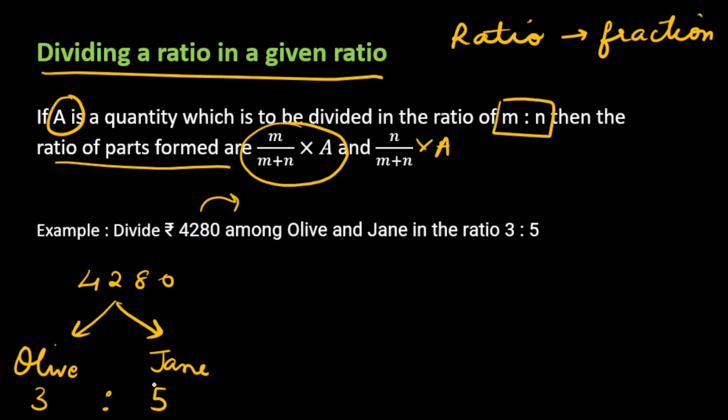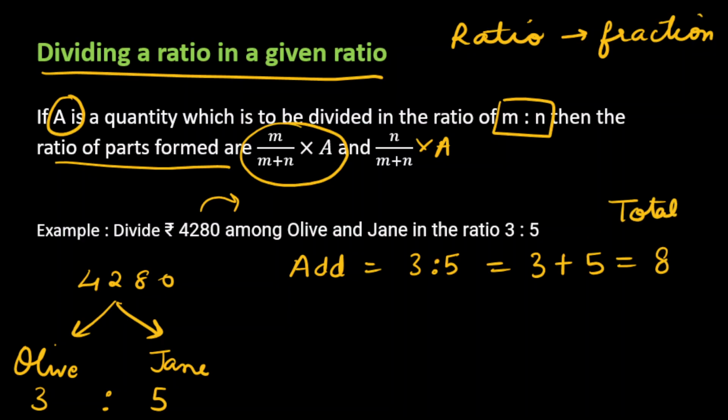So we have to find the parts. How can we find them? It's very easy. First of all, we'll add the ratio. The ratio is 3:5, so we'll do 3 plus 5, which is 8. This is the total parts.